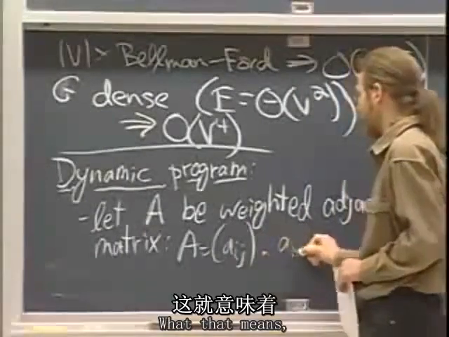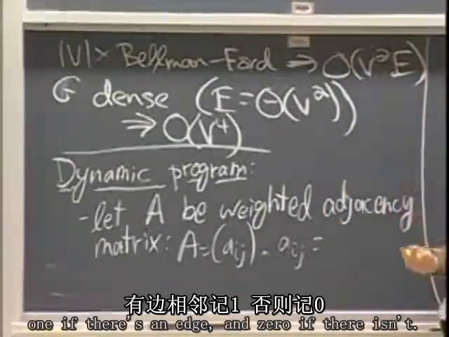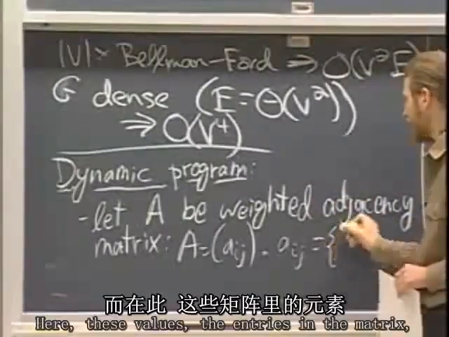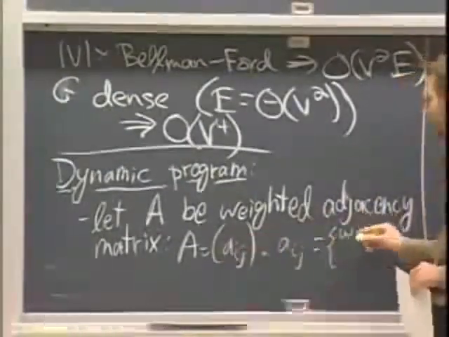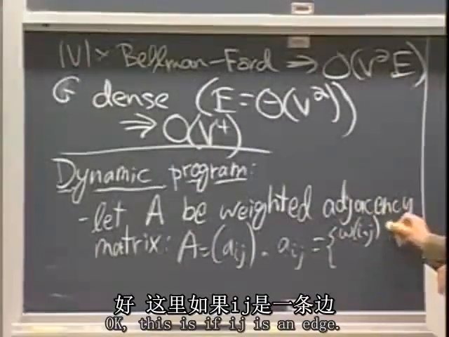What that means, so normally adjacency matrix is like 1 if there's an edge and 0 if there isn't. And this is in a digraph, so you have to be a little bit careful. Here, the entries in the matrix are going to be the weights of the edges. Okay, this is if ij is an edge.